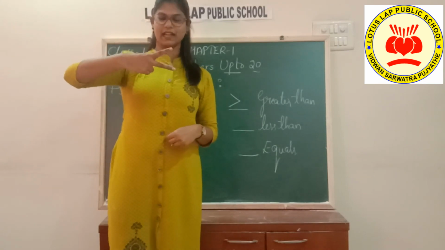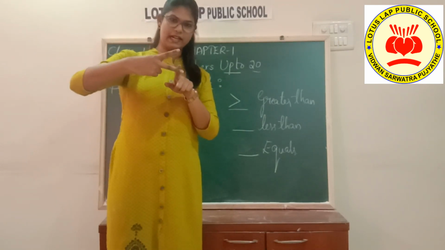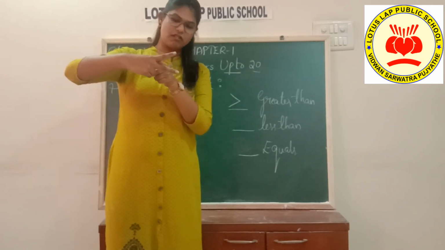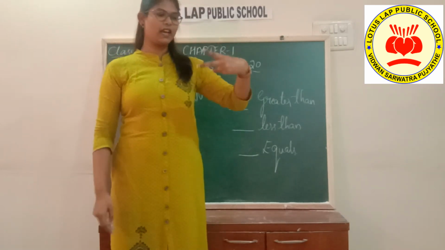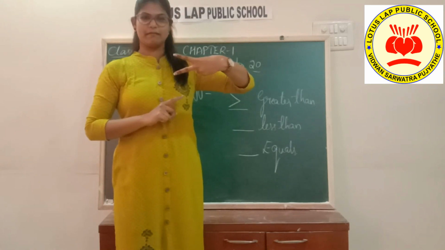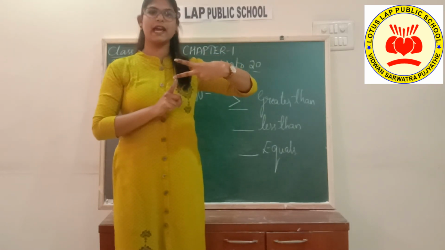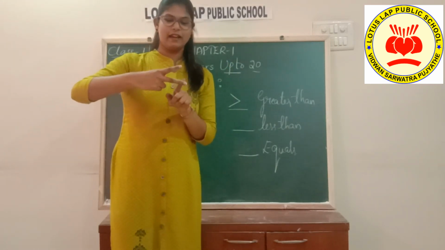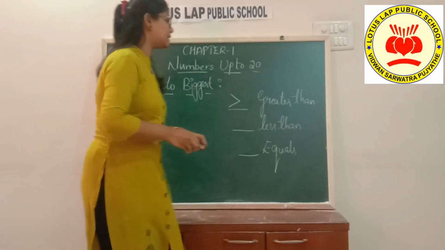Now if you take right hand, forefinger and the middle finger, if you open it like this in the shape of V, now it is showing less than symbol. If you take on left hand, forefinger and middle finger, if you put this like this, then it indicates greater than symbol. If you take on right hand, okay, this is indicating less than symbol.